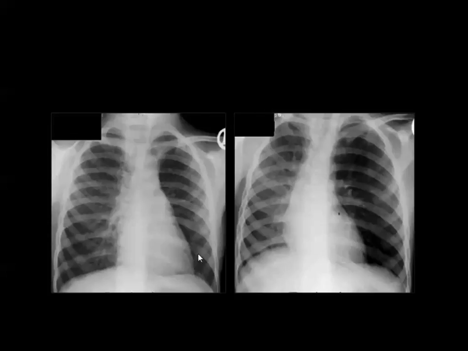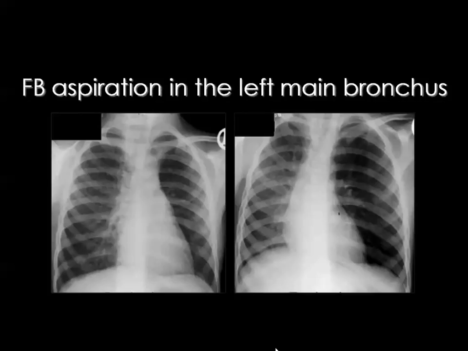By air trap, we mean that the lung does not collapse or deflate during expiration. During inspiration, the air will go into the lung, and during expiration, the bronchus will collapse on the foreign body, preventing air from going outside the lung. Then you get persistent hyperinflation during expiration, and this is diagnostic.